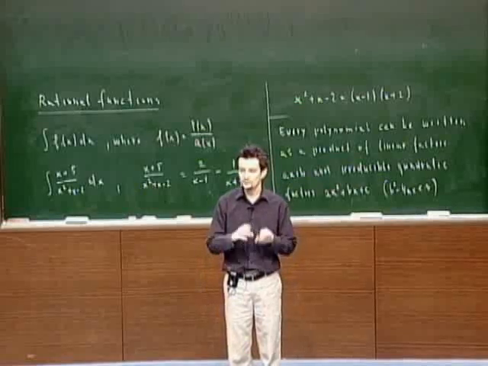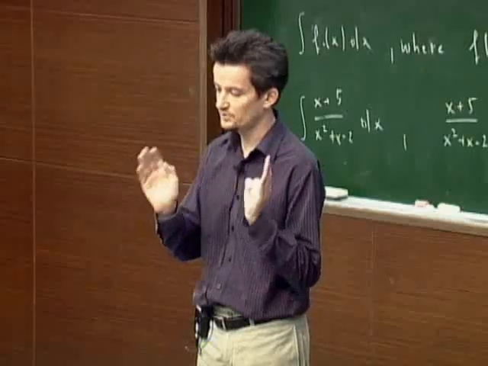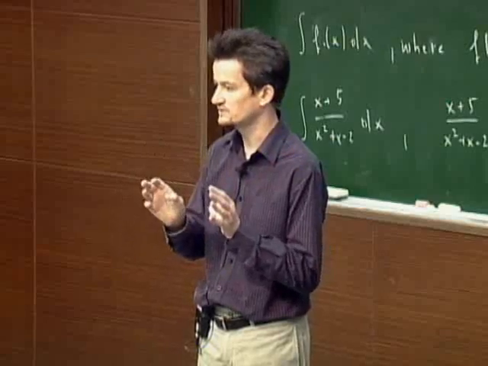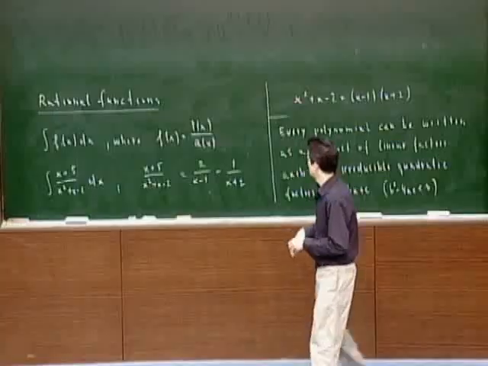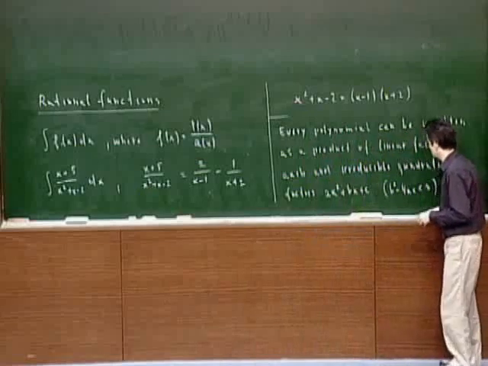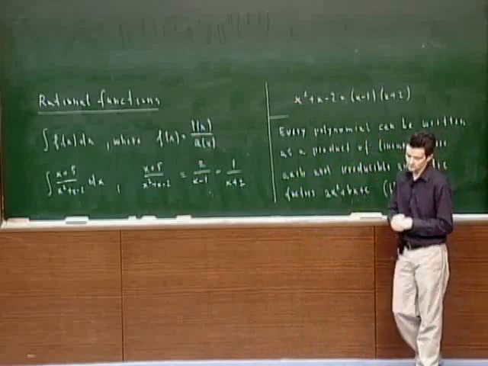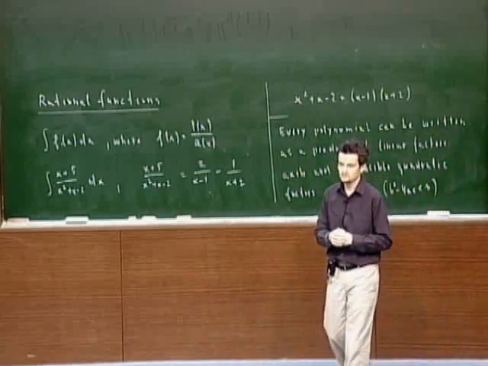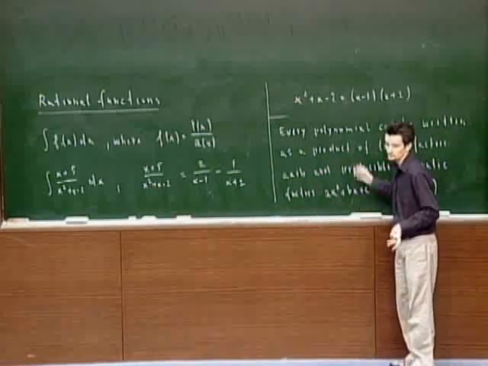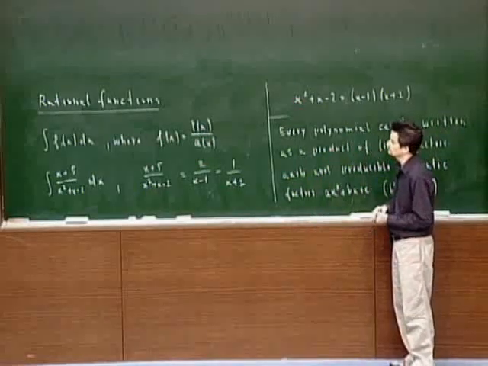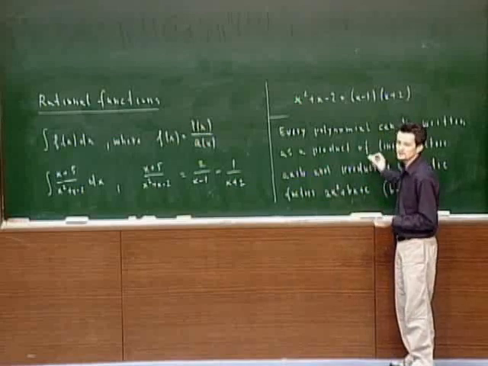If you know that over complex numbers you can write a polynomial as a product of linear factors, you just collect the factors which correspond to conjugate roots and combine them into a quadratic polynomial. But this is not completely trivial to prove.